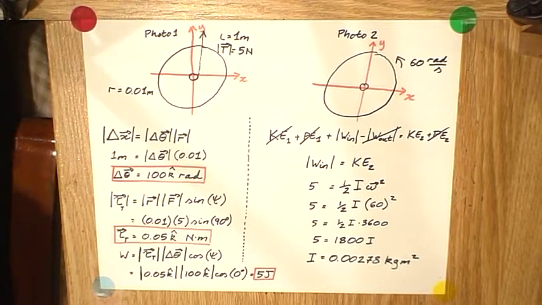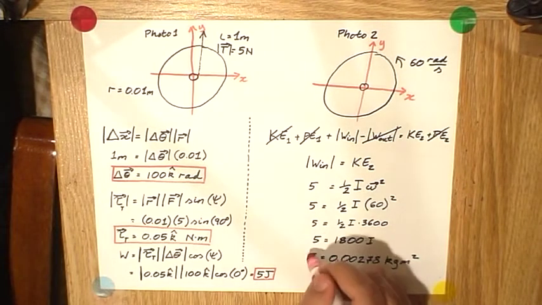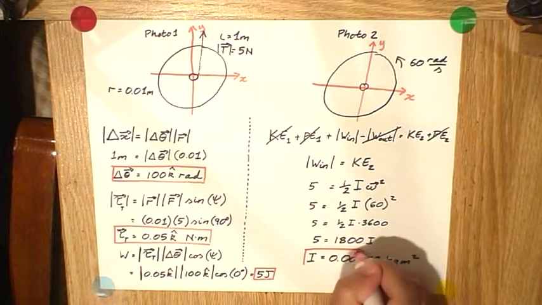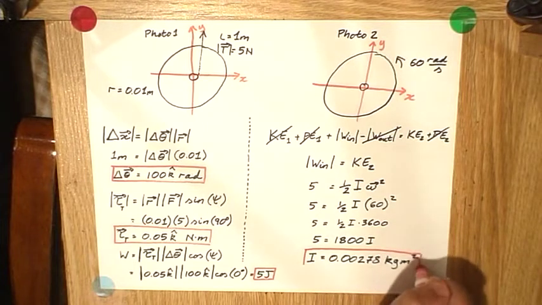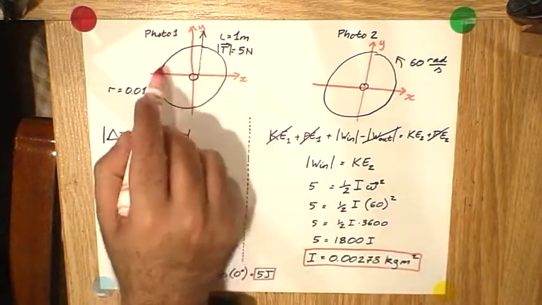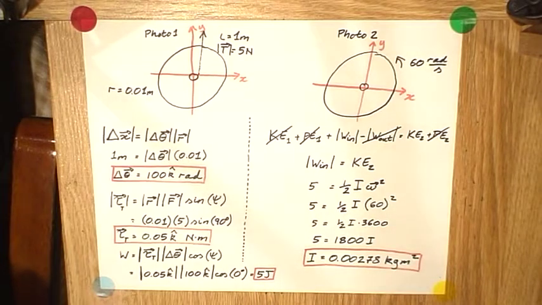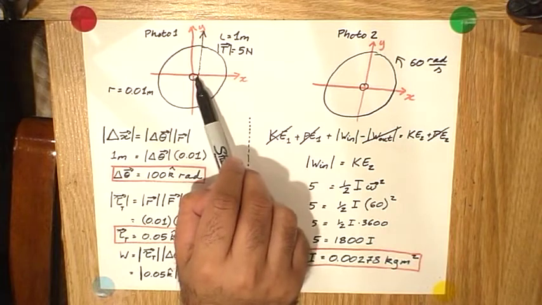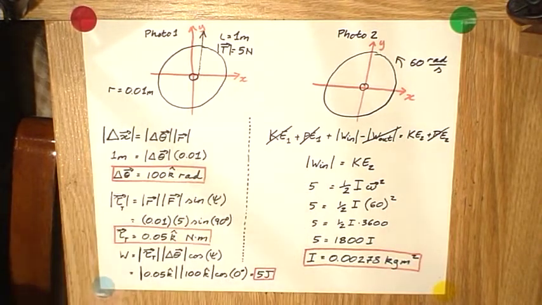So now we have solved for the moment of inertia despite the fact that we didn't have enough information to perform a direct integration. We knew very little about the geometry of this object outside of the fact that its shaft had a radius of 0.01 meters.